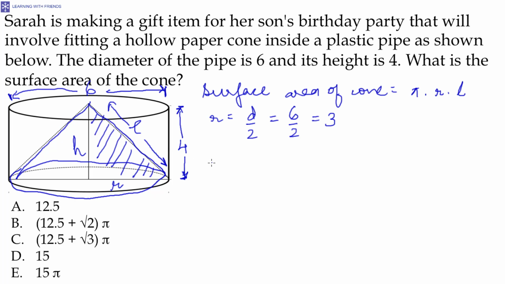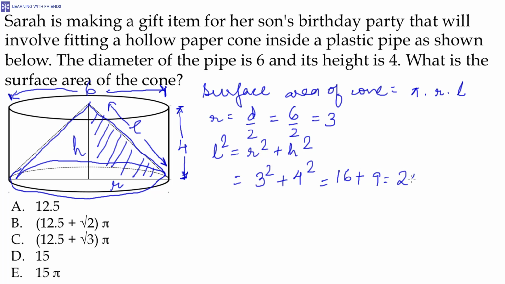So in this triangle, by Pythagoras theorem, L squared should be R squared plus H squared. We know that radius is 3, we just calculated that, so 3 squared, and height is given to us as 4, so 4 squared. You can actually solve this. You'll get 16 plus 9, 25, which makes L the square root of 25, which is 5.